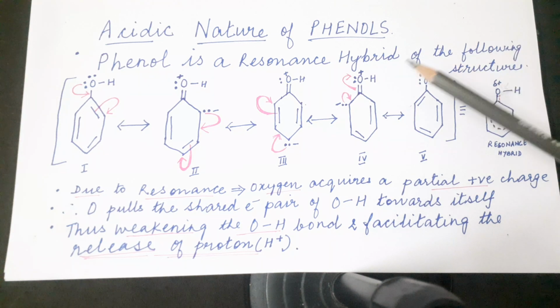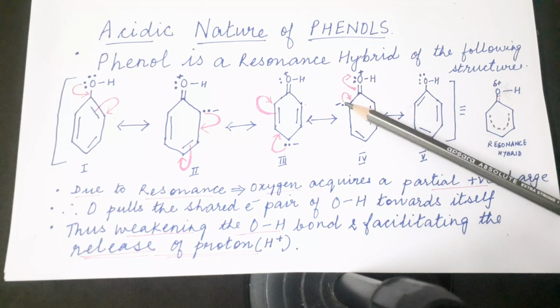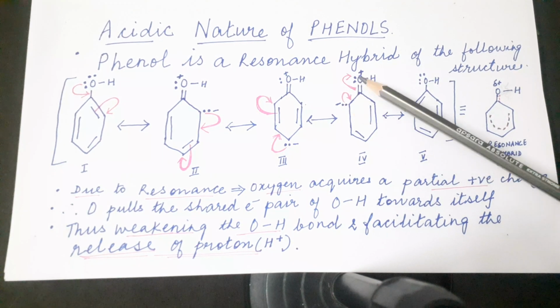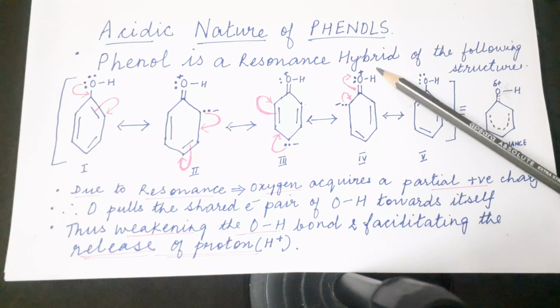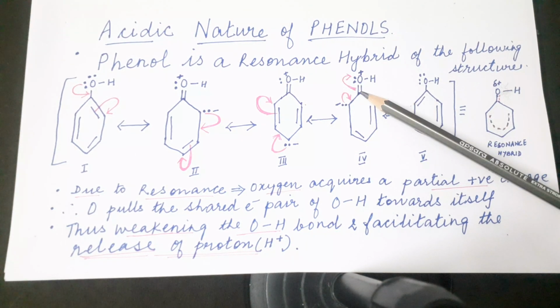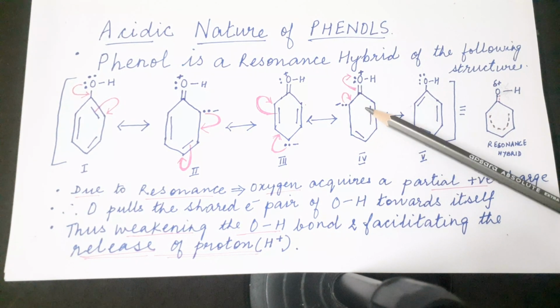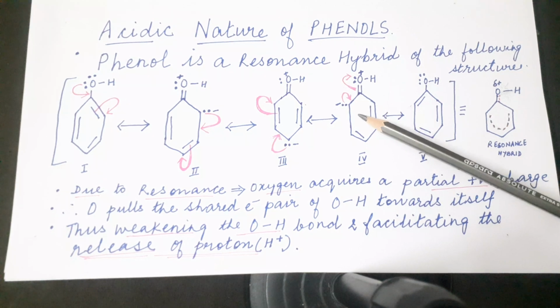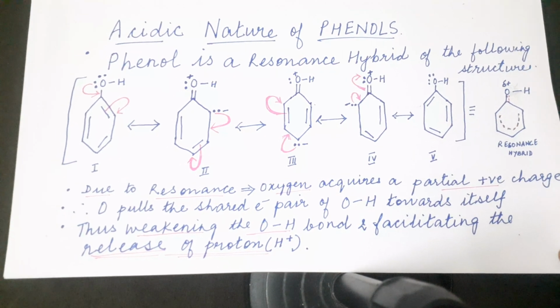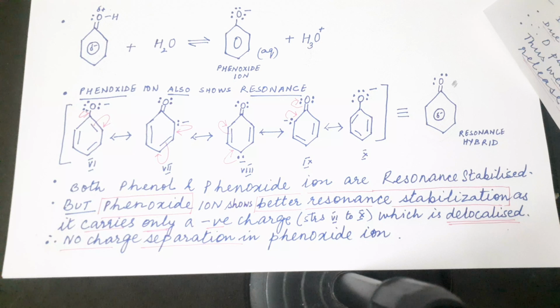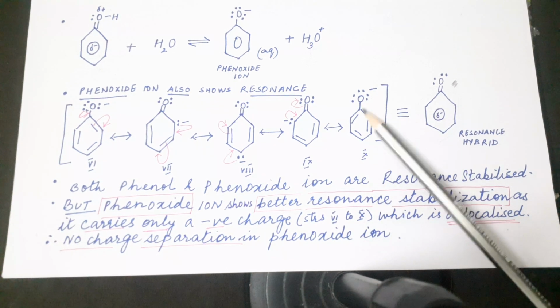As a result, some attractive force exists between the plus and minus charges present on this molecule. And attractive force is energy, and so the energy content of the phenolic structure increases, making it a little less stable as compared to the phenoxide ion, which does not have any charge separation.